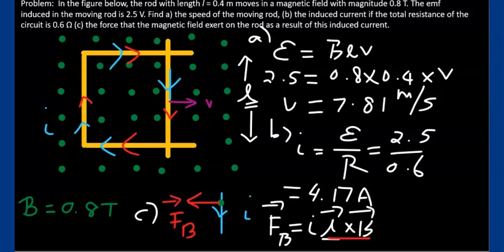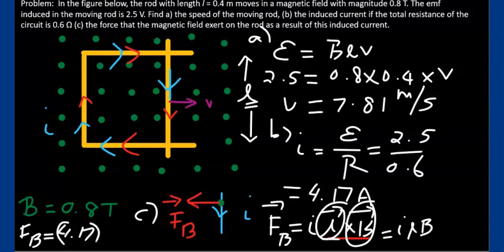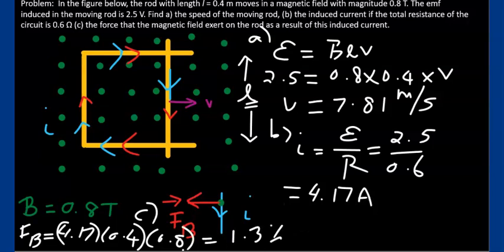Now the magnitude of that magnetic force is ILB, because the angle between the current and the magnetic field is 90 degrees, sine 90 is 1. So the magnitude of the magnetic force is the current, which is 4.17 from part B, the length, which is 0.4 meter, and the magnetic field, which is 0.8 Tesla. And that's going to give you 1.33 newtons. And the direction of this magnetic force is like that, to the left.